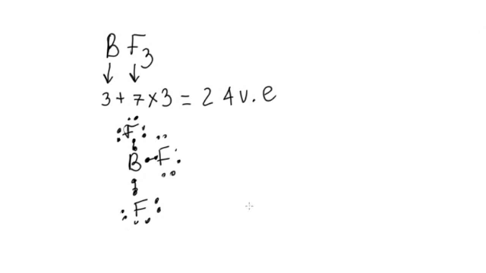Now the guidelines for drawing Lewis dot structures tell us that if the central atom does not have a complete octet, we have to draw multiple bonds. So something like this. However, this structure is not possible.